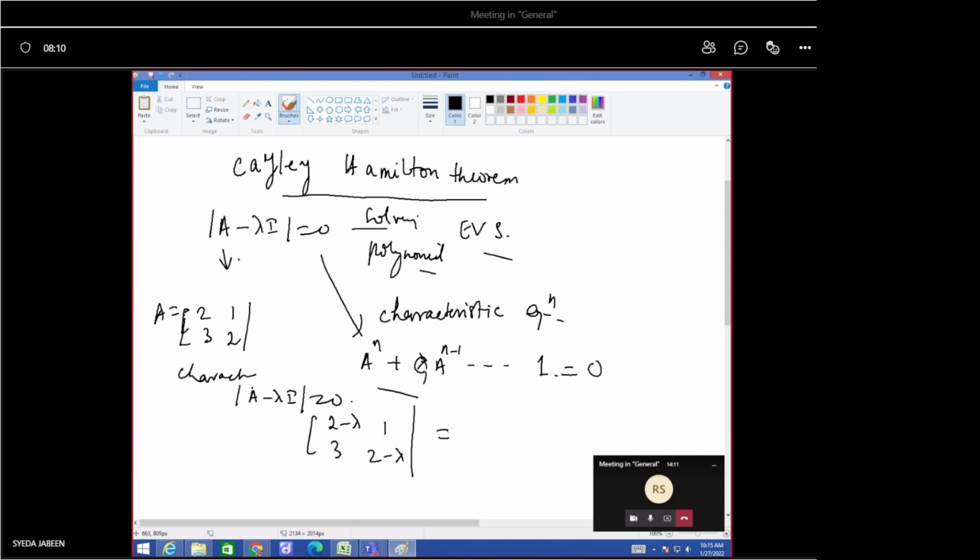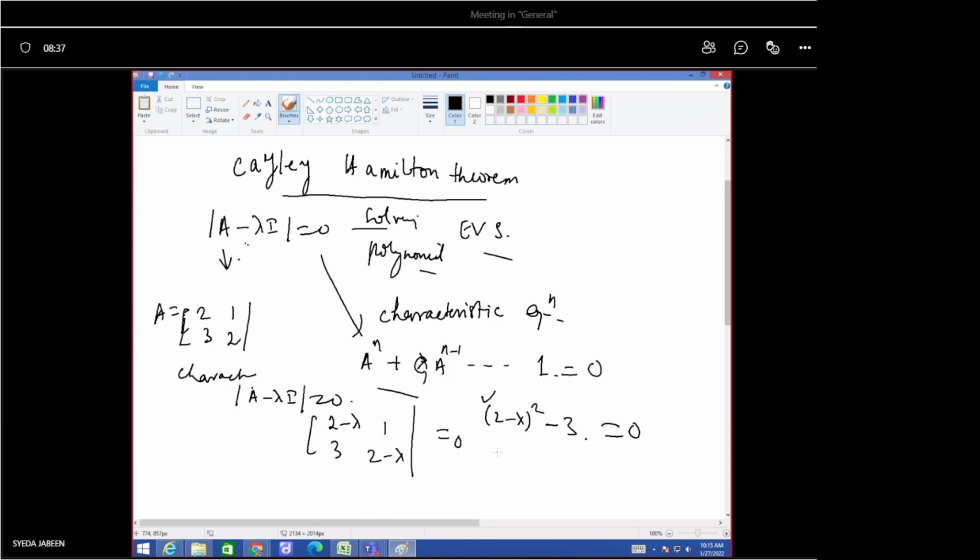When you solve it, you will get 2 minus lambda whole square minus 3 is equal to 0. Isn't it? This is the characteristic equation you are getting. Now, Cayley-Hamilton's theorem says that the matrix A will satisfy this characteristic equation. Satisfying means what? Lambda has to be replaced by the matrix A.